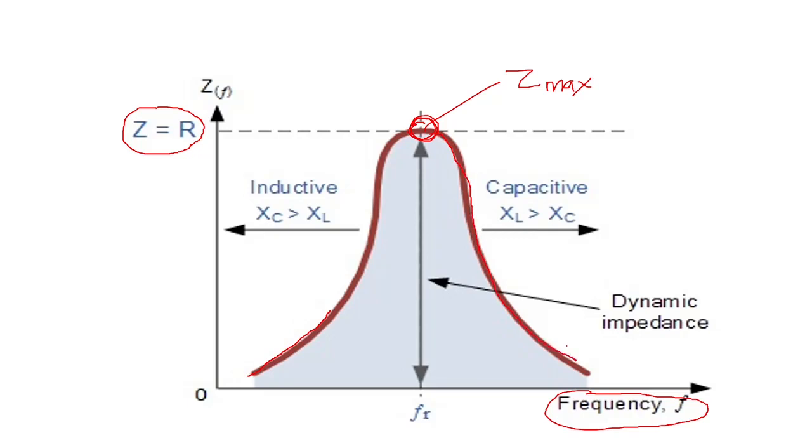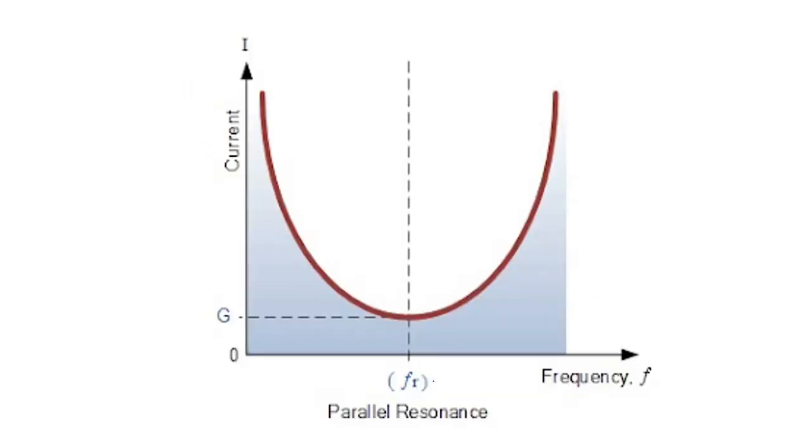So this is the response of frequency versus impedance. Okay, so impedance will be maximum at a particular frequency, which is called the resonant frequency, which is nothing but this parallel resonant frequency.